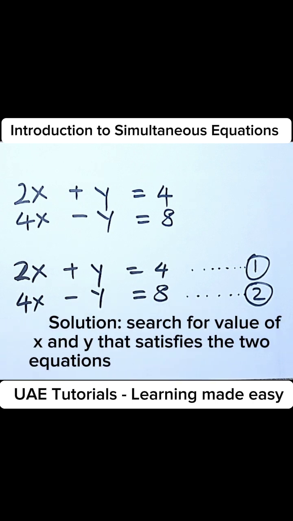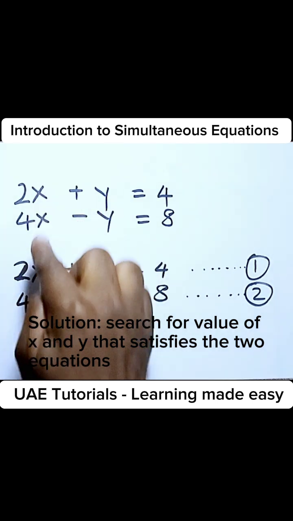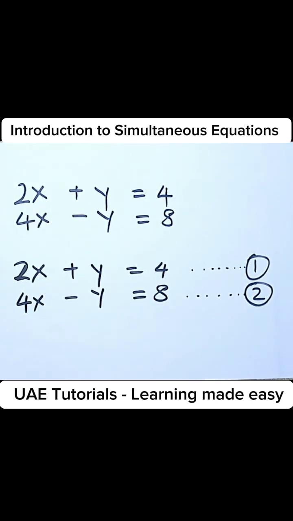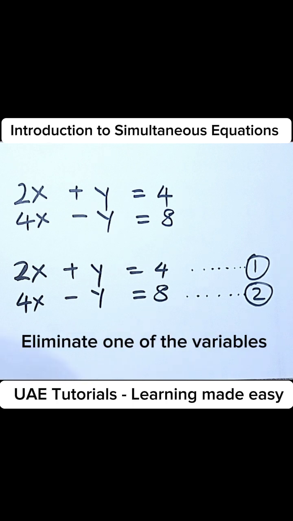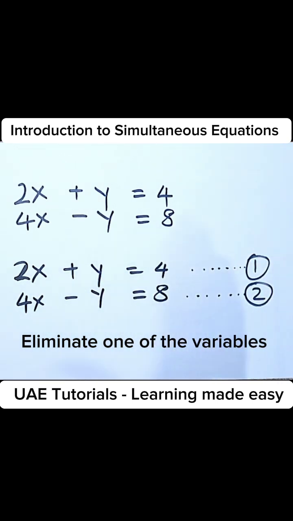Since I have two variables and I am looking for the values of the two variables that satisfy these two equations, the first thing I want to do is to eliminate one of the variables. So to do that, I look at my equations.